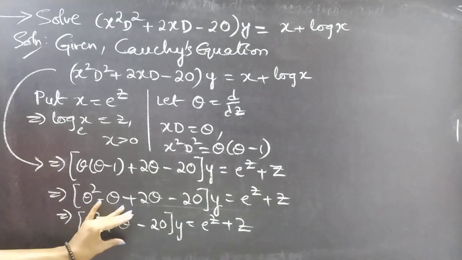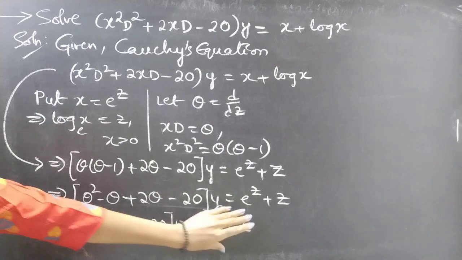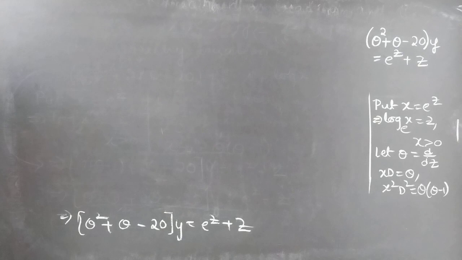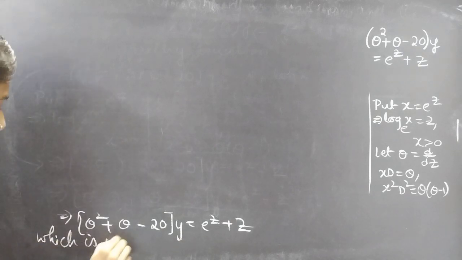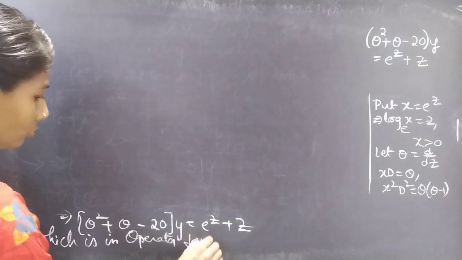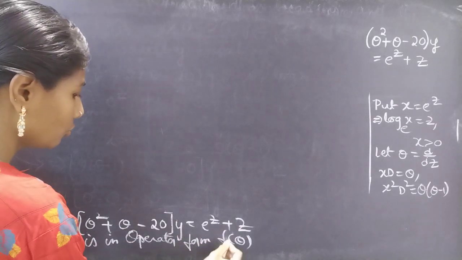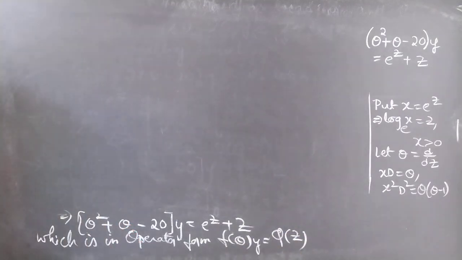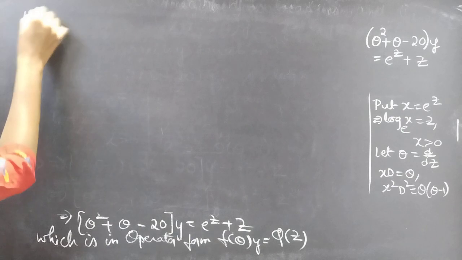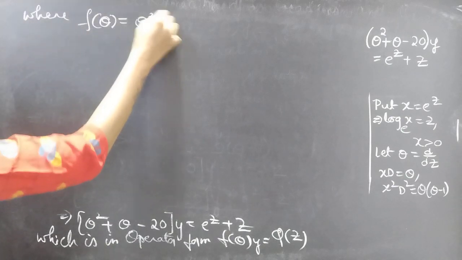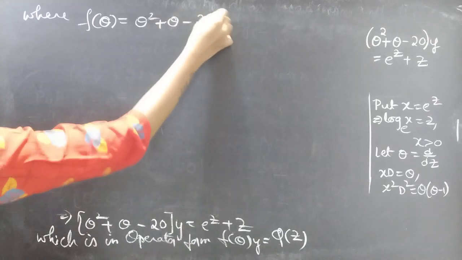And also this is in operator form, f of theta into y equals some function of z, f of theta into y equals Q of z, where f of theta equals theta square plus theta minus 20.